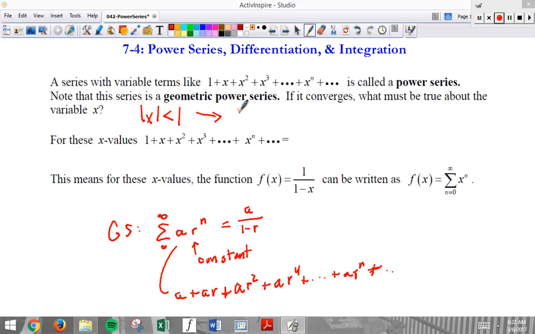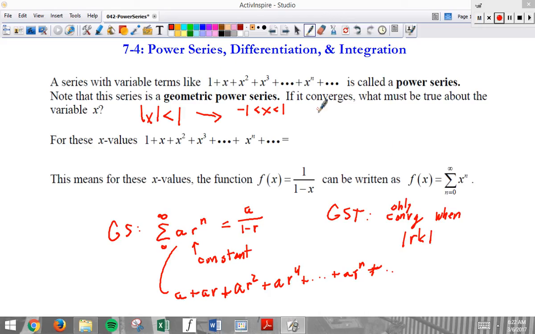And in case you got bad at this, or you're not good at this anymore, we have to have that relationship. That's what this means. If the absolute value is less than 1, we can get rid of absolute value by splitting it like that. Why must that be true? Why does that have to be true for this to converge? Because the GST says that geometric series only converge when the absolute value of r is less than 1.